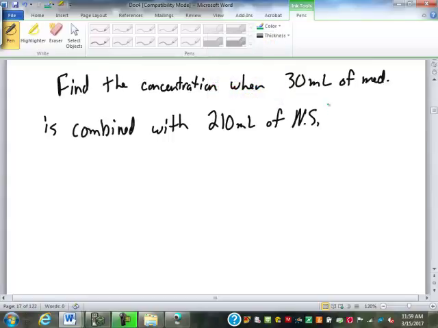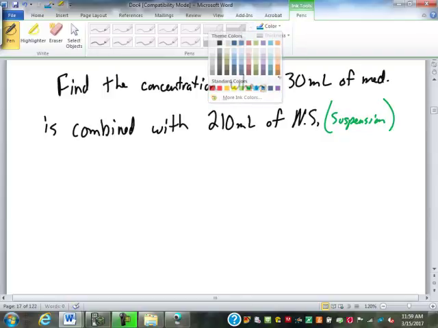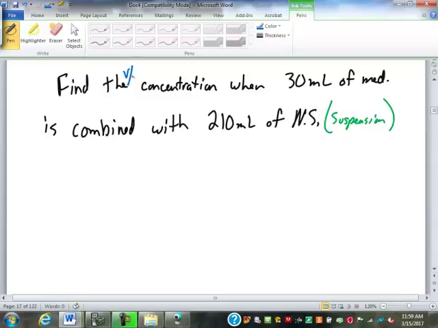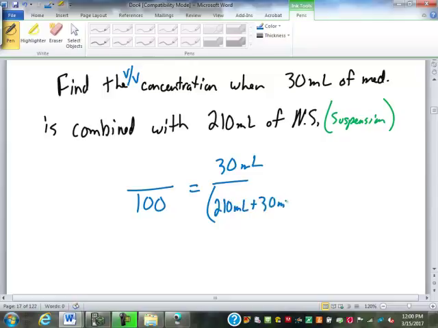So if I tell you that this will be a suspension, then we now can assume that the volumes will be additive. Now I should have asked again for a volume and volume concentration here. So the volume and volume concentration, blank over 100, is going to be 30 milliliters over 210 plus 30.